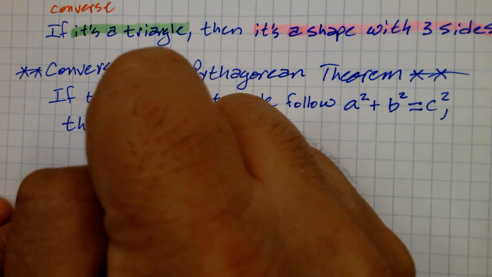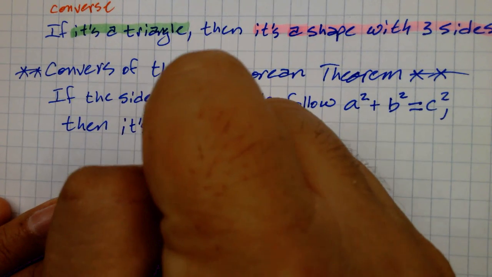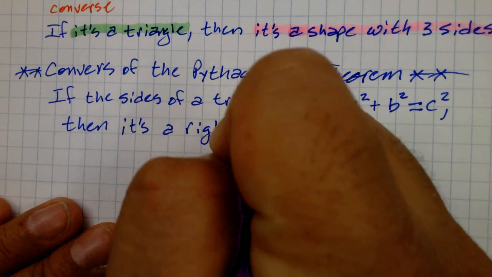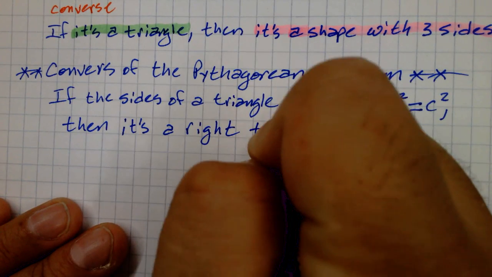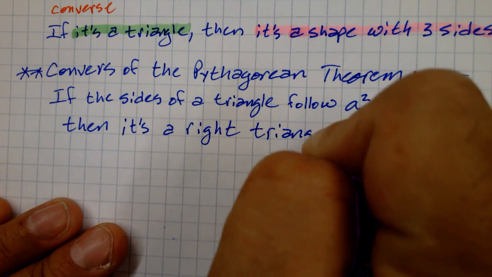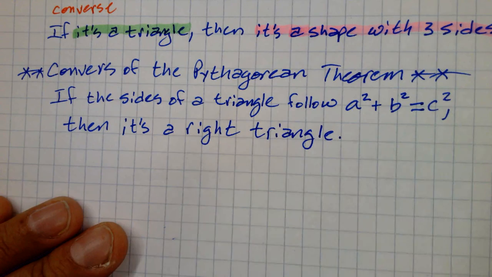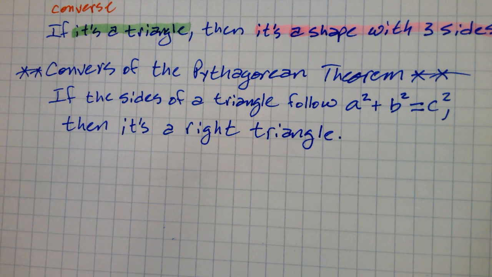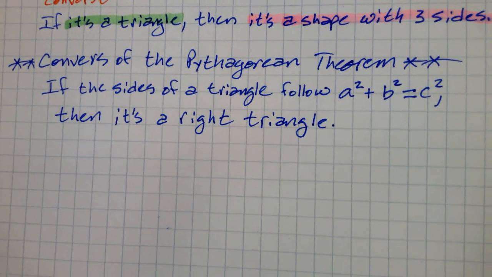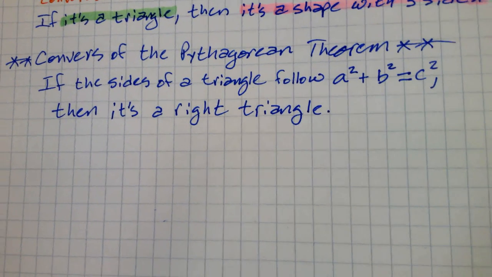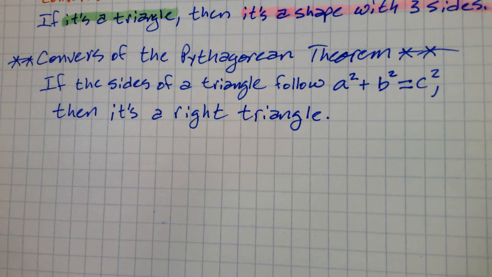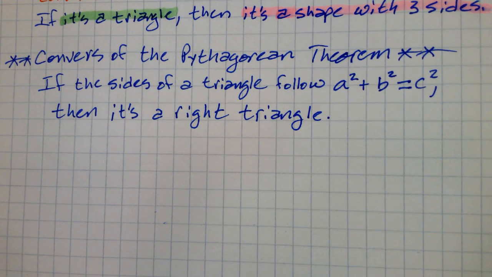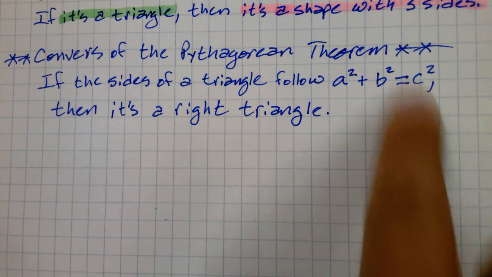A right triangle. So what this means is we can determine if a triangle is a right triangle without even looking at it or measuring its angles. All you got to know is the length of the sides and then just do this math.